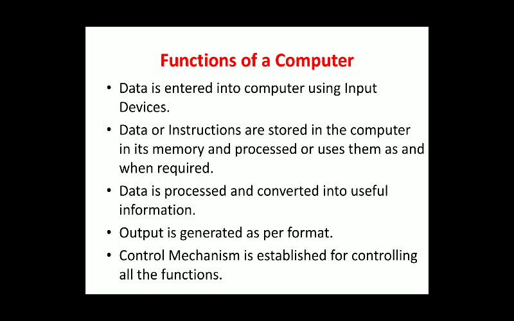There is a computer controller through which the computer controls its mechanism. For example, it controls the mechanism of the operating system, and the mechanism of taking input and giving output. So all the functions done by the computer can be controlled by its controlling function.